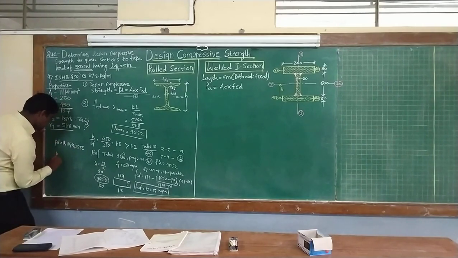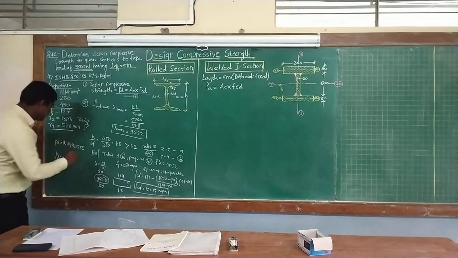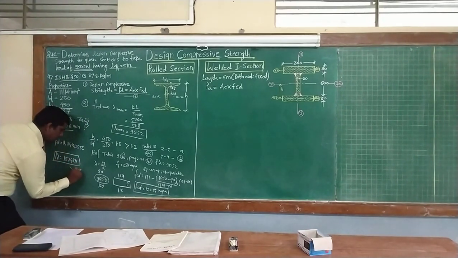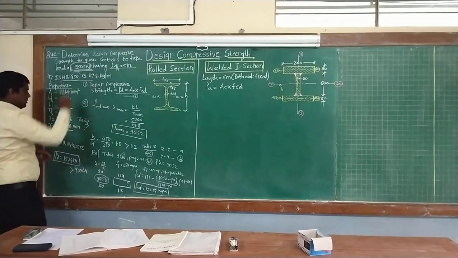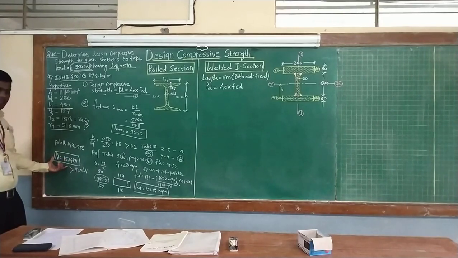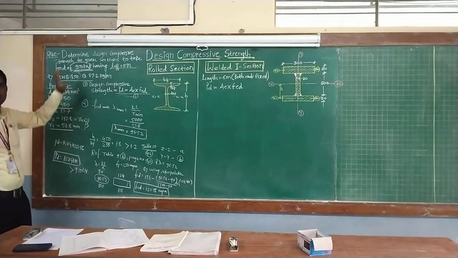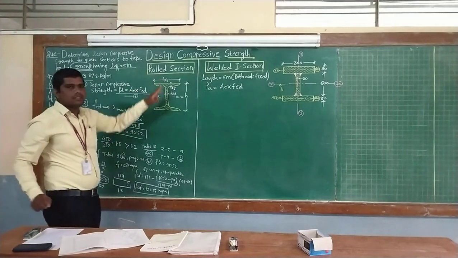So design compressive strength PD is equal to, and the answer is 1374 kilonewton, which is greater than the 950 kilonewton mentioned in the numerical. So this is the design compressive strength we have found, which is greater than the value given in the statement. So this is the whole solution related to the rolled steel section.